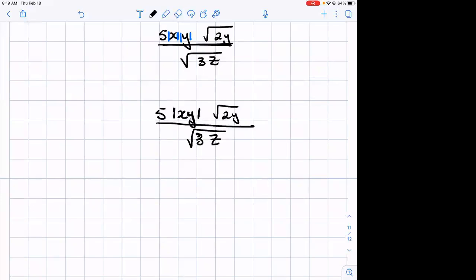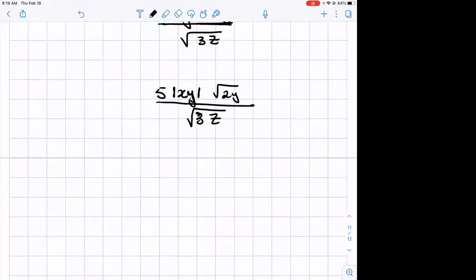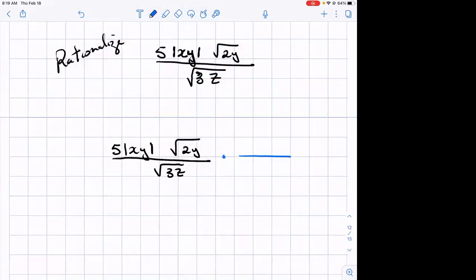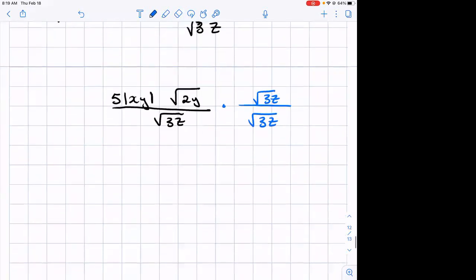Now, notice we have a radical in the denominator, so we have to rationalize. Okay, and in order to rationalize this, we'll multiply top and bottom by the root of 3z. So when you multiply these two, that denominator becomes 3z, root quantity squared.